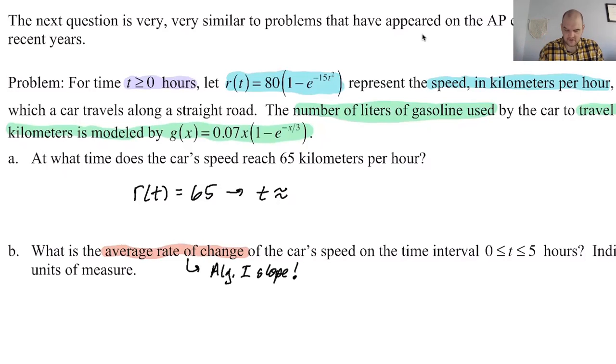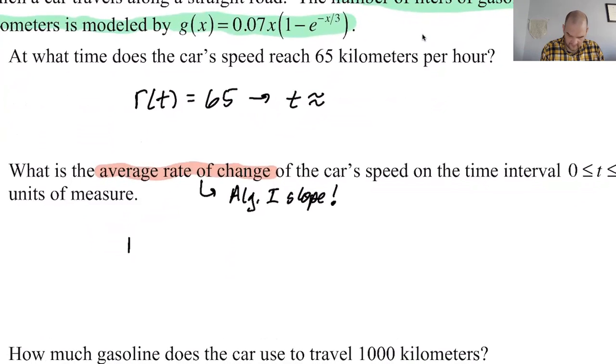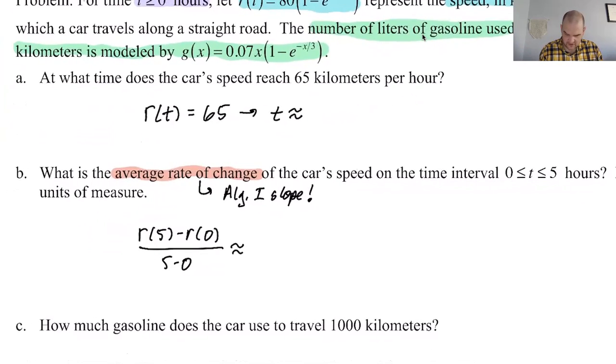Indicate units of measure. Okay, so speed is given by r of t, right? So r of t is speed. We just need the algebra 1 slope of that. So that's going to be r of 5 minus r of 0 over 5 minus 0. That'll be an approximation. And then we want to give units of measure.